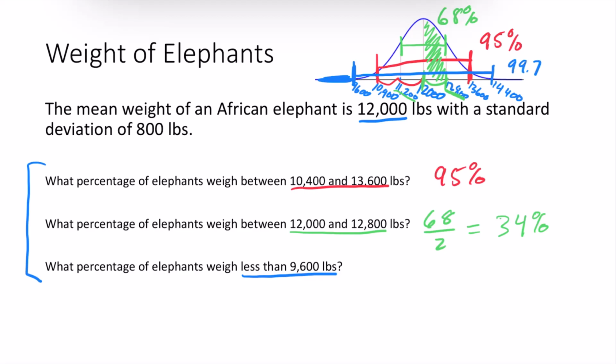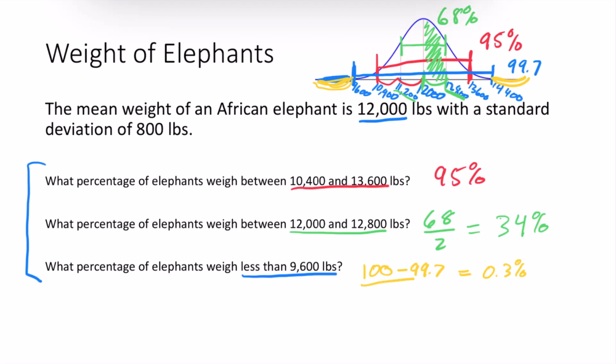So that's the percentage of data points within that range, which means that the percentage of data points outside of that, so in this range and in this range, is going to be 100% minus 99.7. And so that tells me that there's 0.3% of elephants that are either smaller than 9,600 or heavier than 14,400.